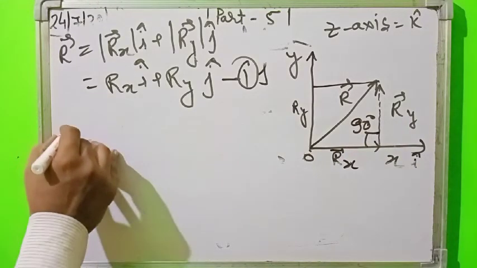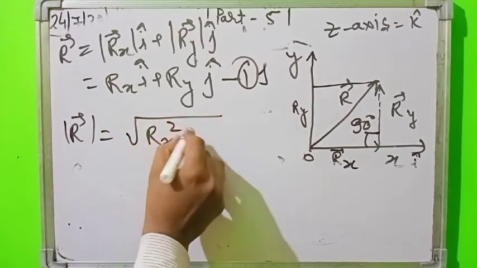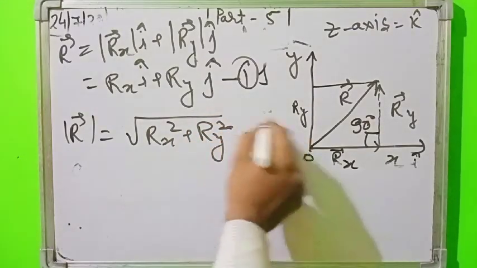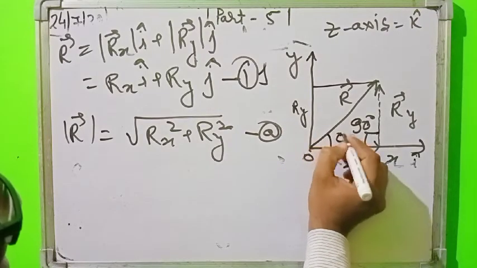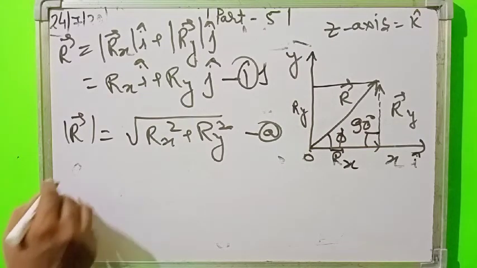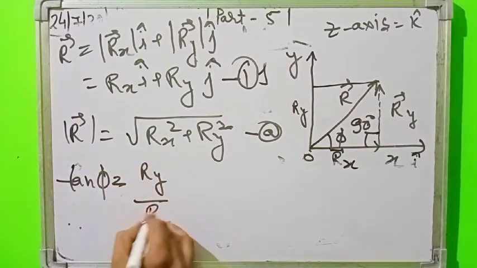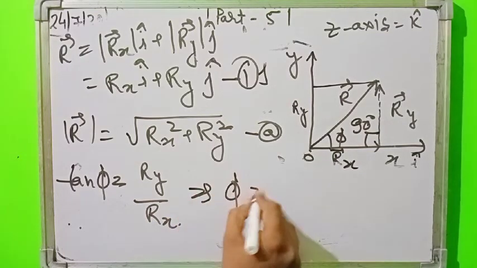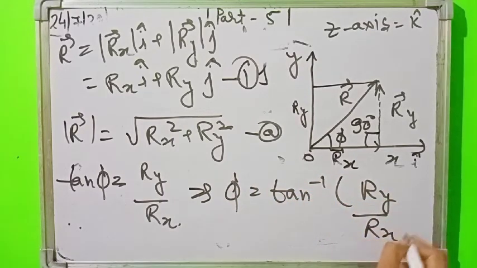So the magnitude of the resultant is given by under root rx square plus ry square, and for the direction, phi or theta, whatever you call it, tan phi is equal to ry upon rx, or phi is equal to tan inverse ry upon rx.